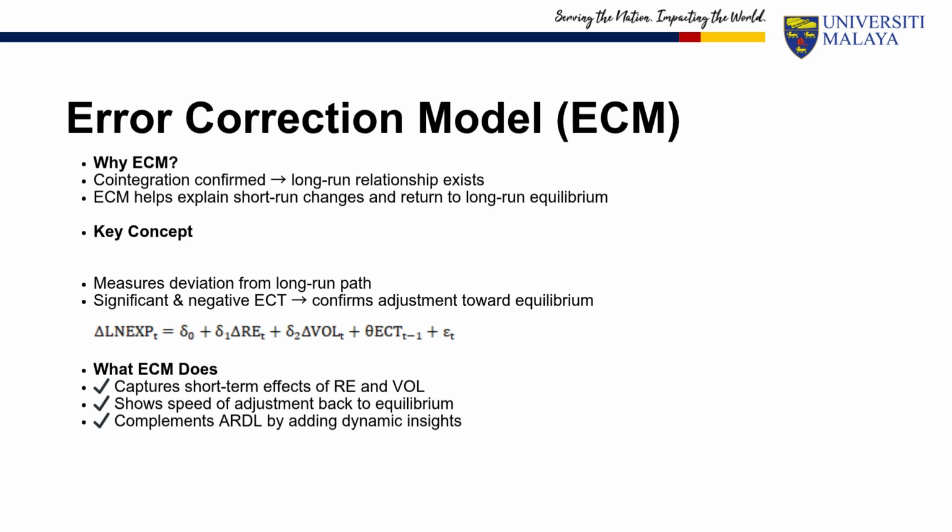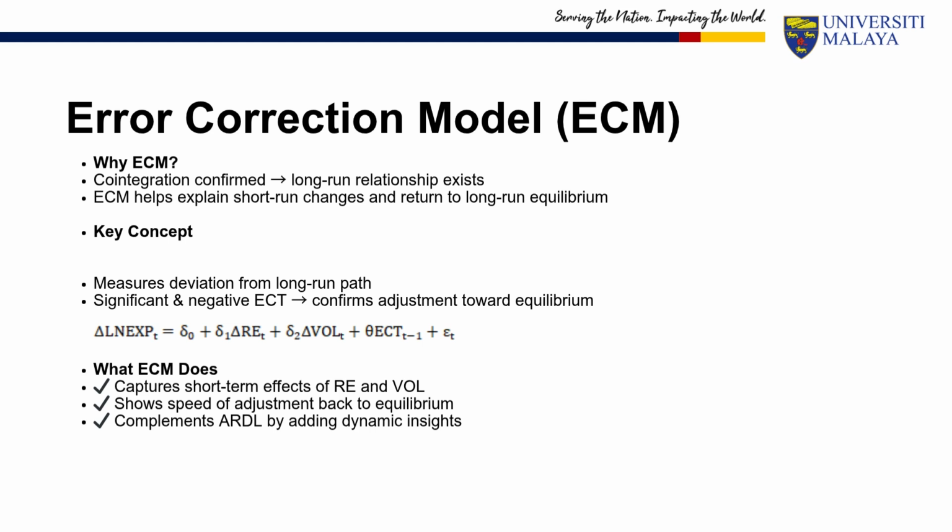So let's use the error correction model, and I will call it ECM. ECM helps to explain how variables react in the short term and how they return to the long run balance over time. The key part of ECM is the error correction term, or ECT. This tells us how fast the system adjusts when there is a shock.